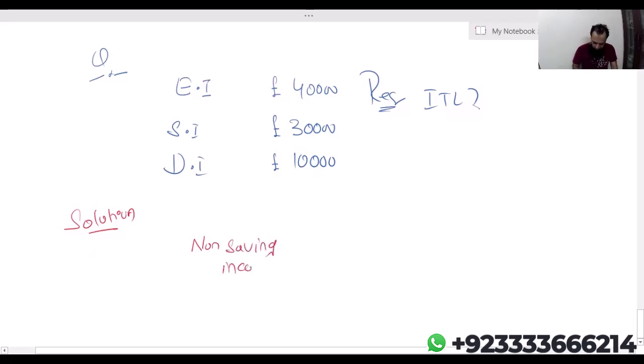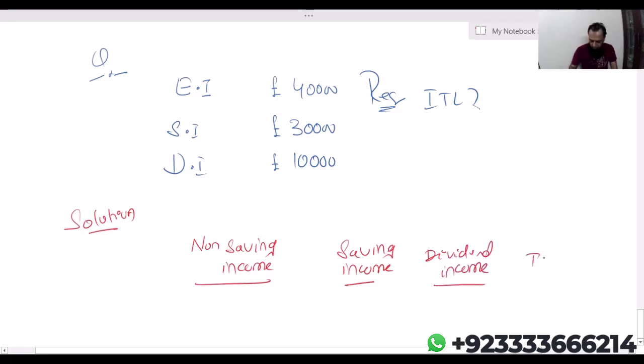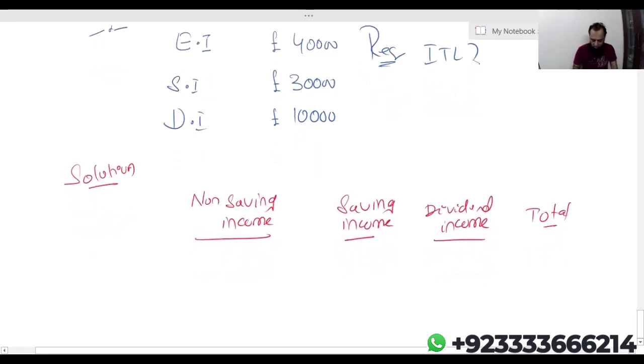Then you will go for saving income, dividend income, and finally there will be total. Just to save time, I'm writing directly. Employment income obviously falls in non-saving income. Saving is saving and dividend is dividend. Total becomes 80.